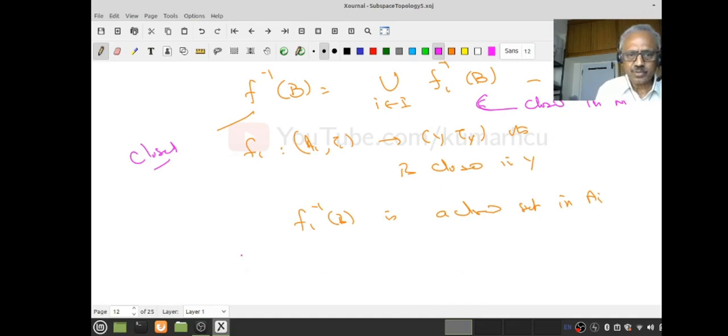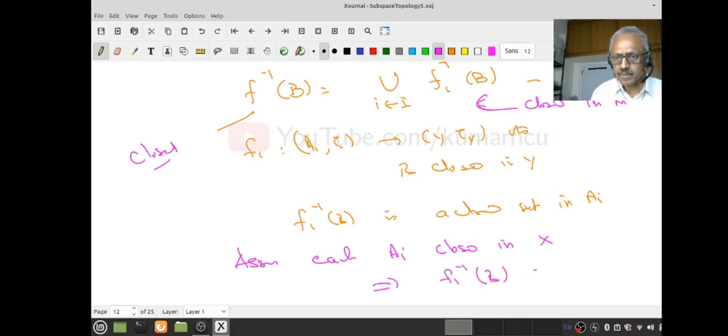Like yesterday, we have to assume each A is closed in X. Then fi inverse of B being a closed subset in A, but A itself closed in X, will imply fi inverse of B is closed in X. So I got f inverse of B equal to the union of fi inverse of B. Each fi inverse of B is closed in X, but it's an arbitrary union, so I cannot conclude it is closed in X. I have to put in another restriction: I must be finite.